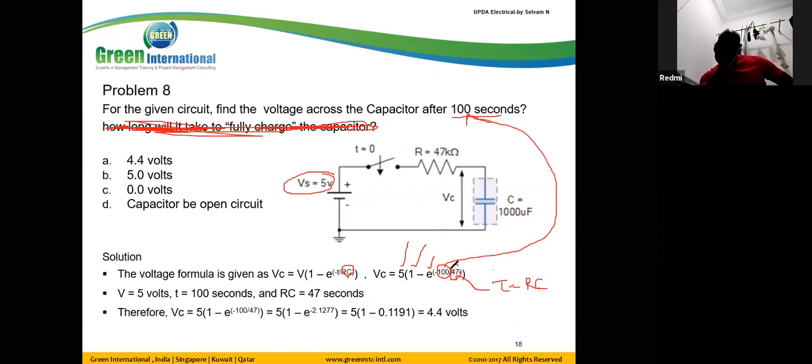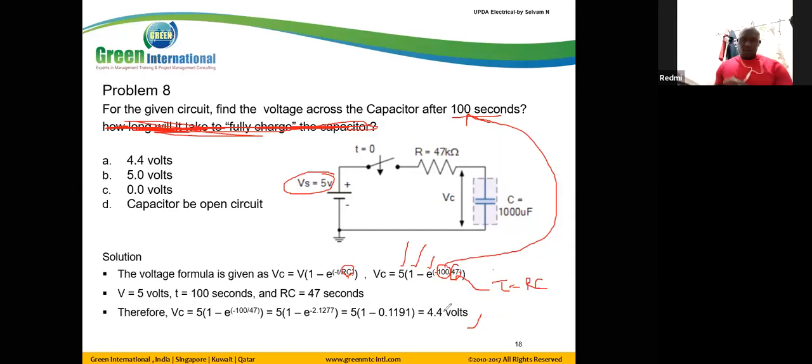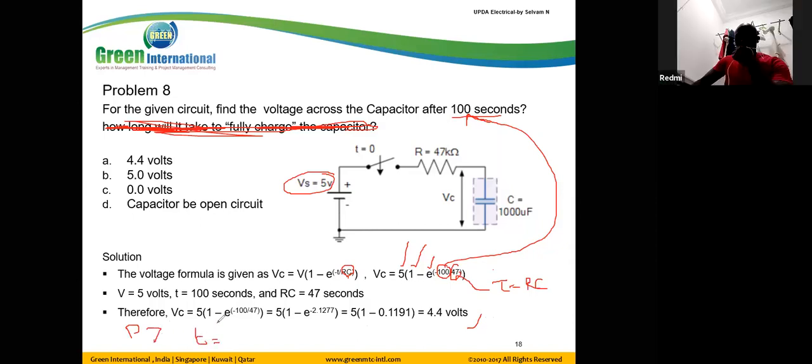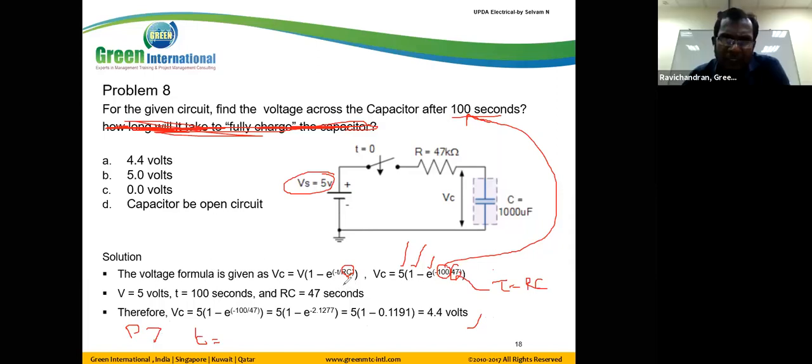So substitute this value, we get this. So just we compare problem 7 and 8. In problem 7, RC is 47, right? Yes, RC is 47.